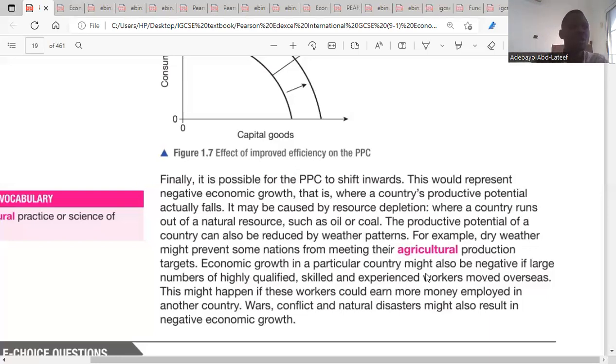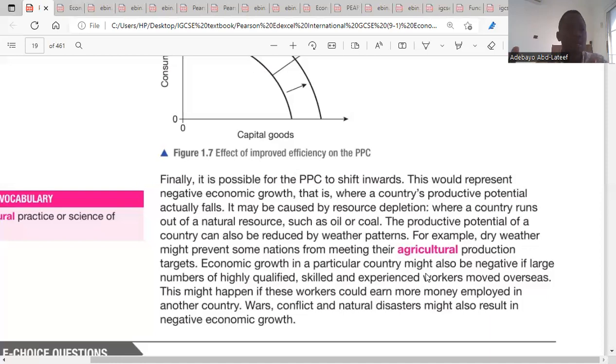We talked about emigration of your educated workforce or skilled workforce, moving out of the country. We talked about resource depletion, that means the using up of resources. We talked about war and poor weather conditions. So these are reasons why an economy might be witnessing a decline.